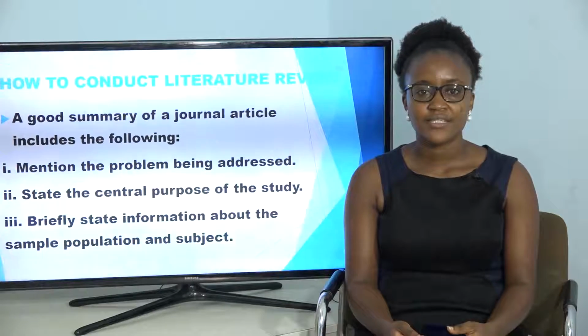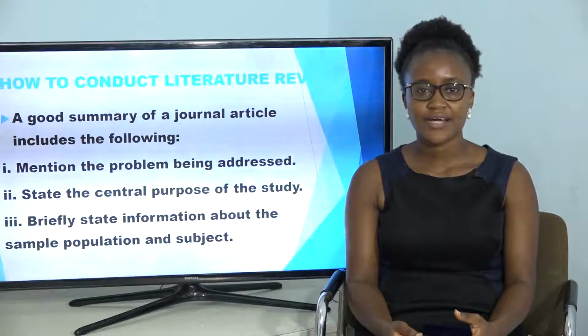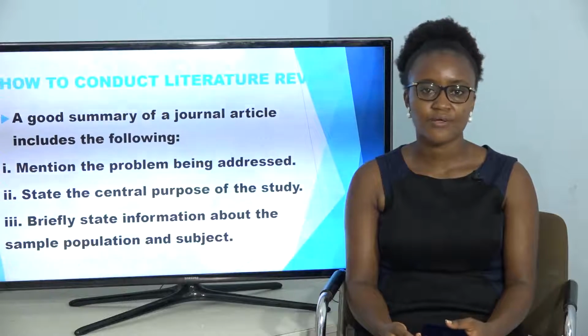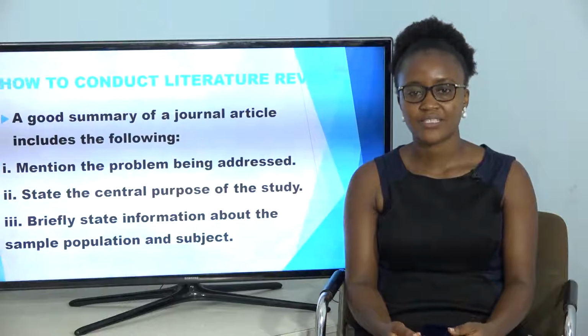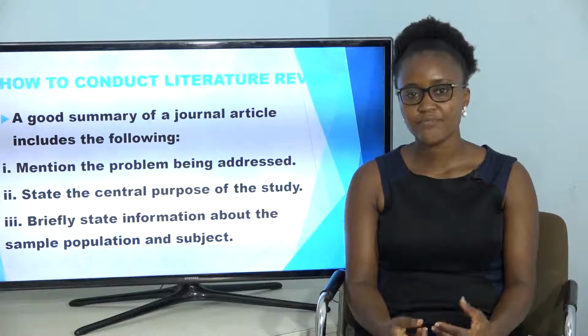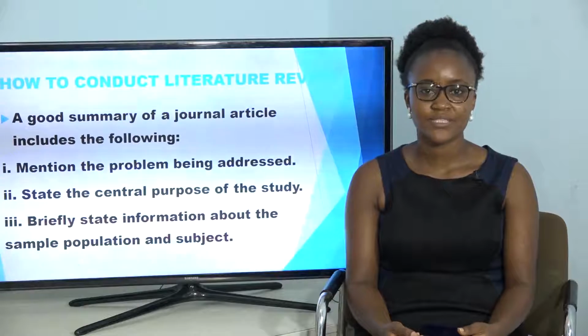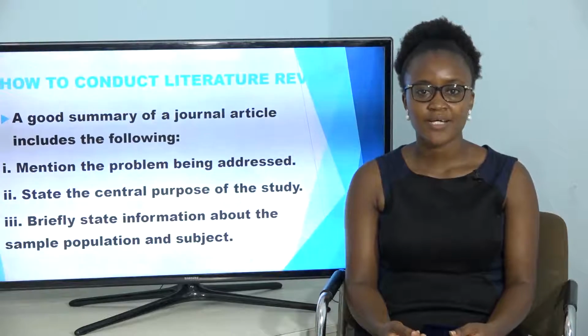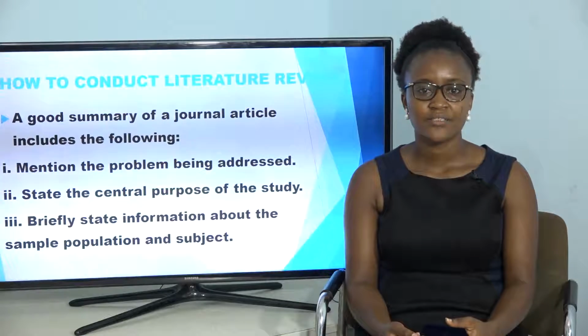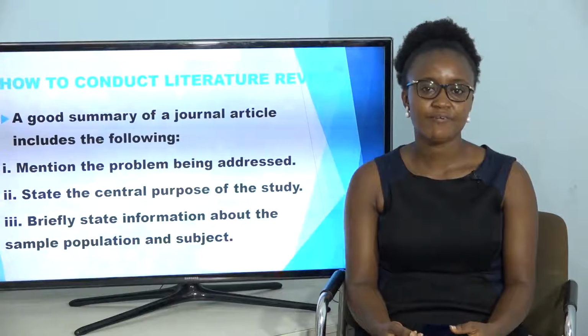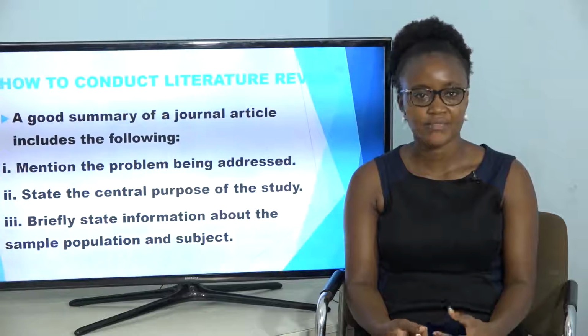So let's say you find a journal article on a work like information-seeking behavior of pastors. You bring out the problem. What is the problem? The problem is that pastors do not seek information, or pastors rely on their congregation to give them information about things happening in society.